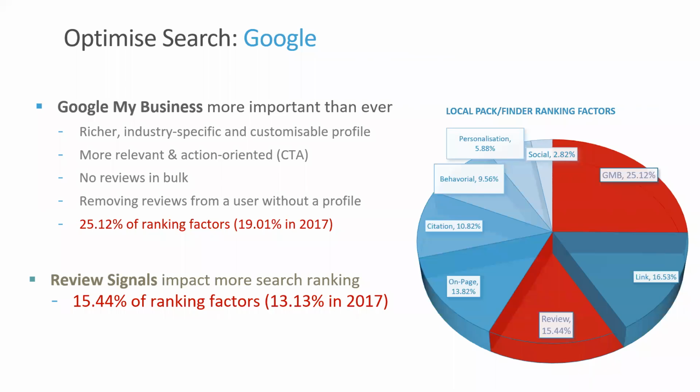But what amazes me here is how GMB has risen to hold over 25% weight in the ranking factor of the Google algorithm. So Google understands and makes these decisions based on insight and data. It understands that users are now utilizing GMB more and more to find a product or service.